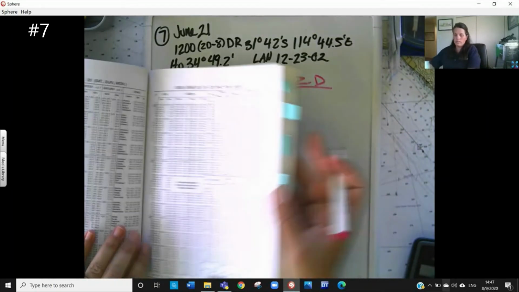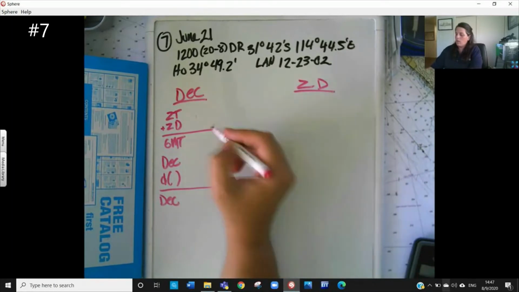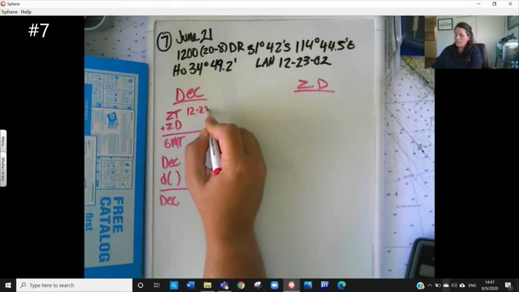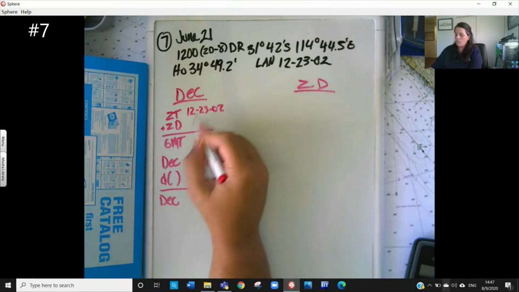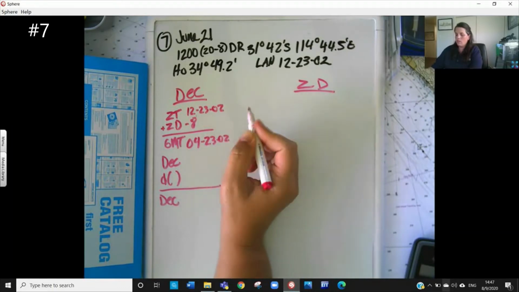Our zone time was 12:23:02. Our zone description was -8. So our GMT time is 04:23:02 on the 21st.